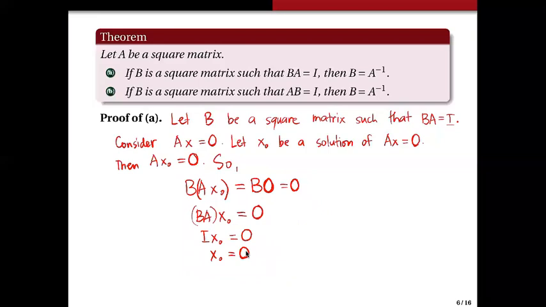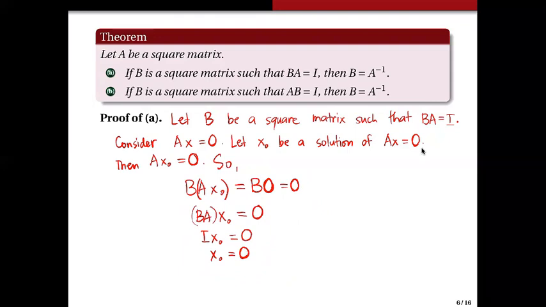Follow so far? But x sub 0, we chose it to be any solution of Ax equals 0. It was arbitrarily chosen.